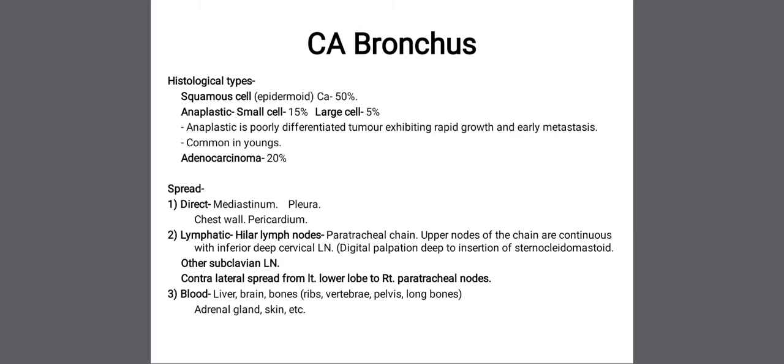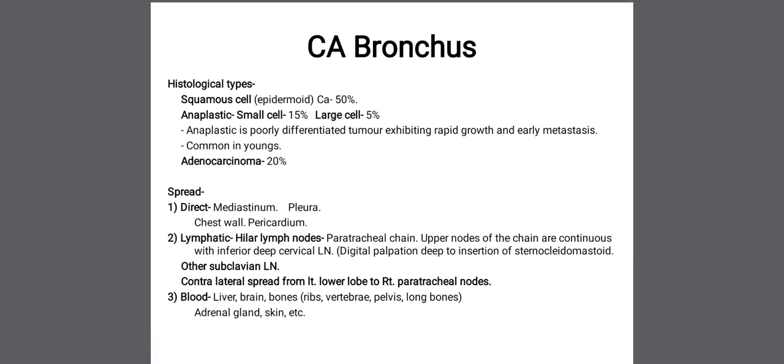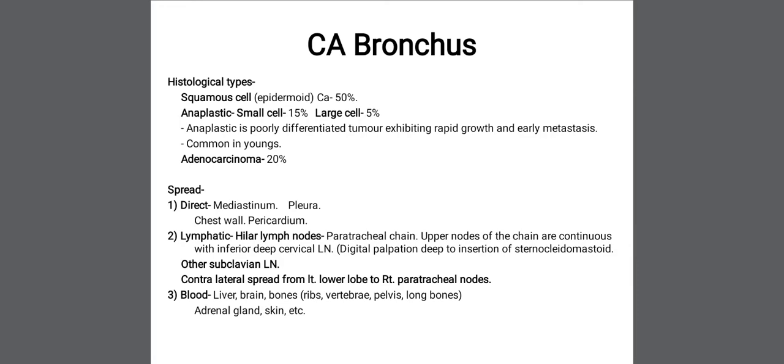From the upper nodes of that chain, it continues to the deep cervical nodes, and when the deep cervical lymph nodes are affected, they can be palpated by digital palpation deep to the insertion of the sternomastoid muscle. Then the supraclavicular lymph nodes may be involved, and there may be contralateral spread from the left lower lobe to the right paratracheal nodes.